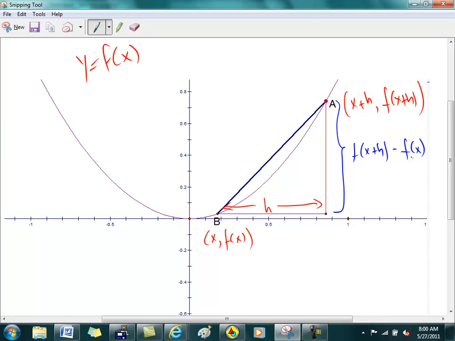Okay, well, let's think about it. Do you agree that this distance here is f(x+h)? Let me erase some stuff so it's not very confusing. Does everybody buy that? This distance here is f(x+h).